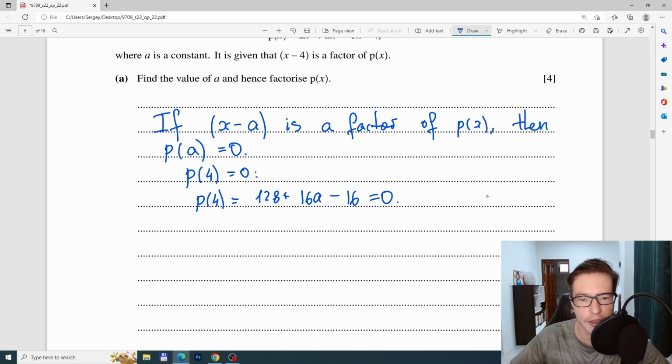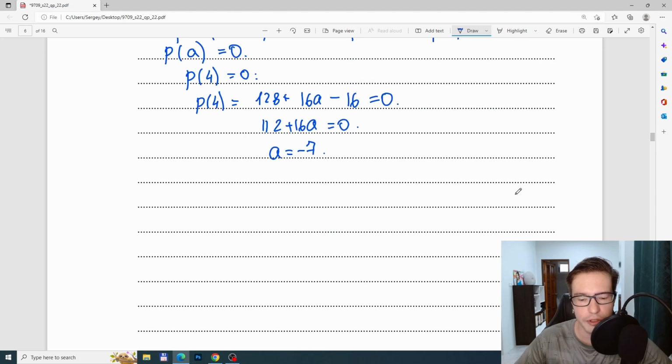And from here we can find a. So that means a equals minus 7, and our polynomial is going to look like 2x cubed minus 7x squared minus 3x minus 4.